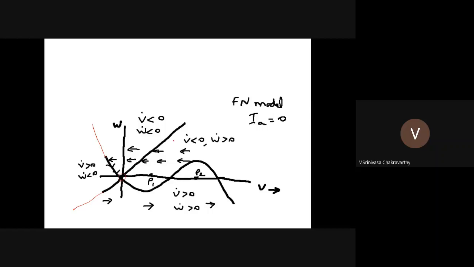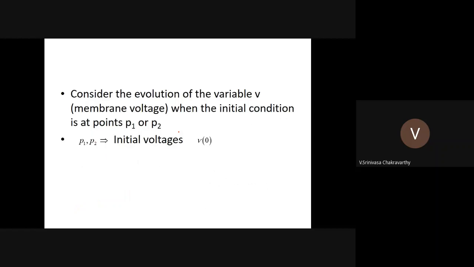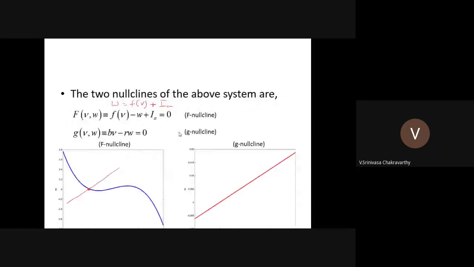Now, if you look at the w null plane, and b and r are positive, on the w null plane this is 0. So if I go above the w null plane, that means I'm increasing w, so this becomes more negative. So on the whole, this thing becomes negative. So above the w null plane, w dot is negative.